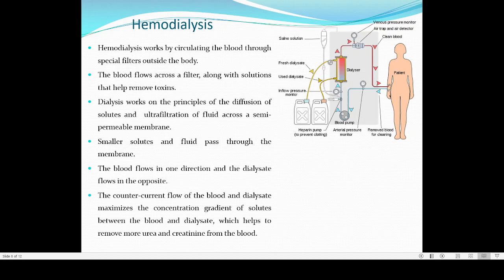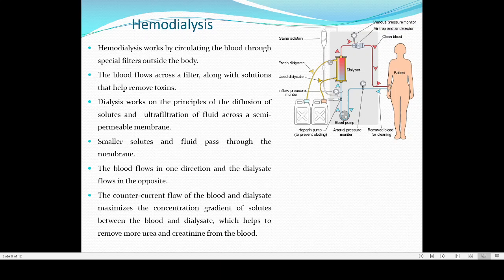After some time, this dialysing fluid will be removed. Here you can see fresh dialysate, and here the dialysate after the waste materials are removed. This is a very simple picture of dialysis. The impure blood is taken from the patient and passed to the dialysing machine.